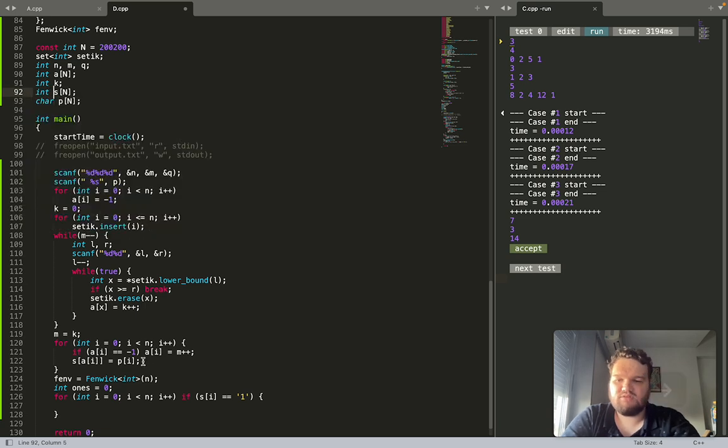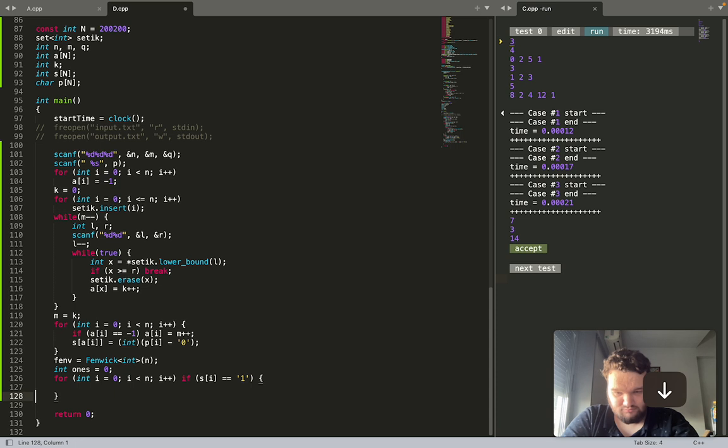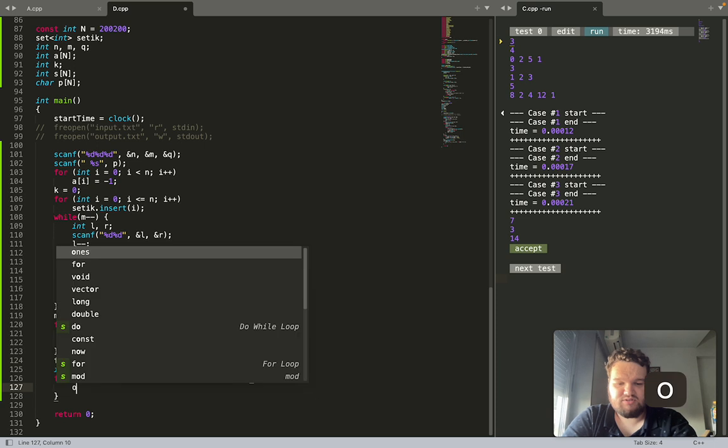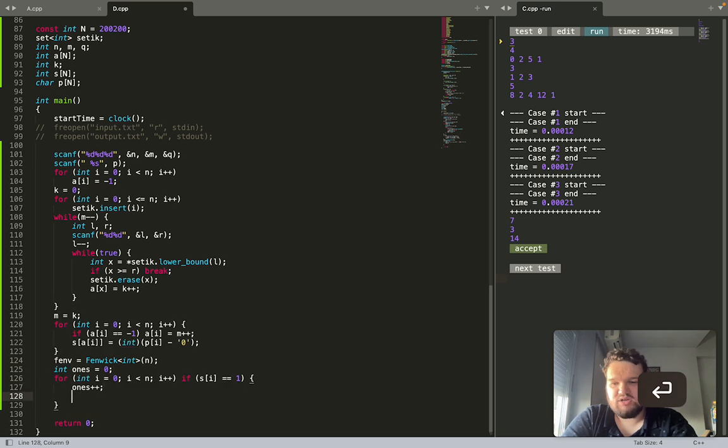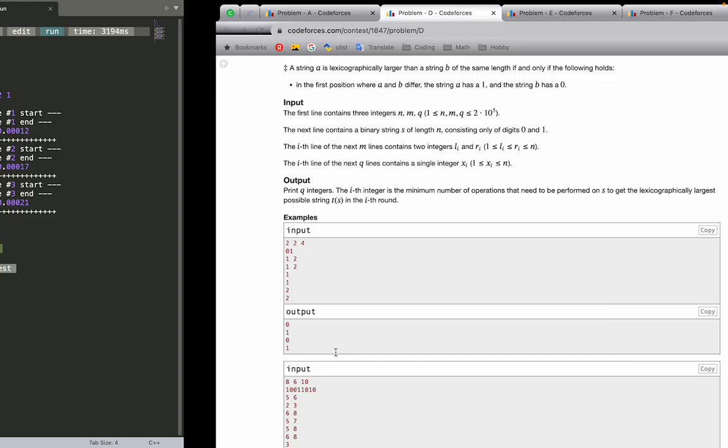Yes, it will be easier if I use integers. So if it is 1, then I need to increase the number of ones and turn it on infinite.